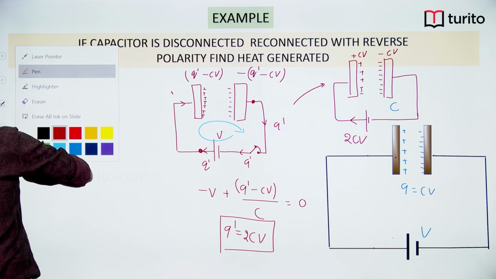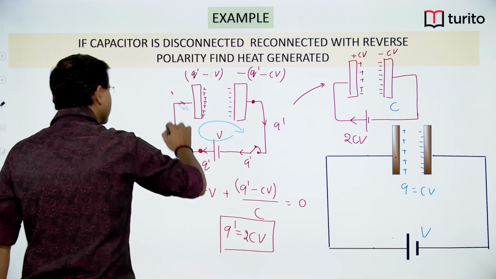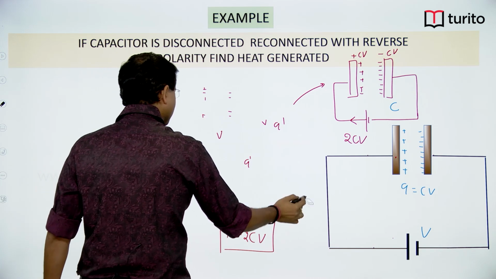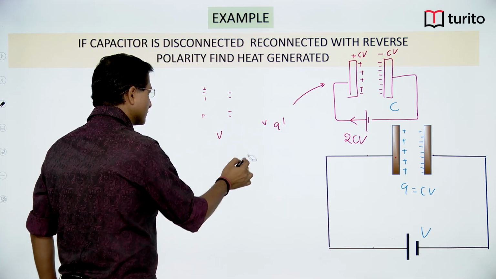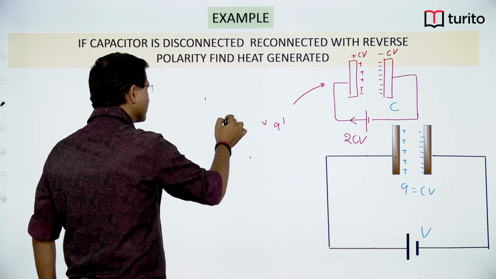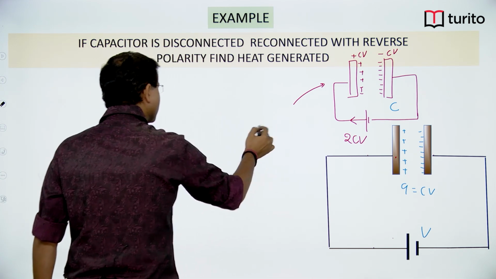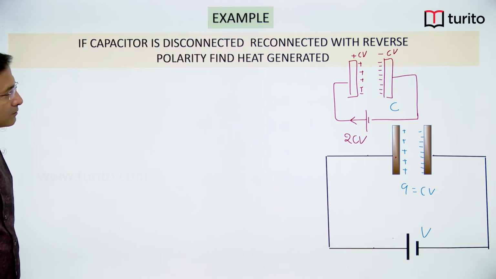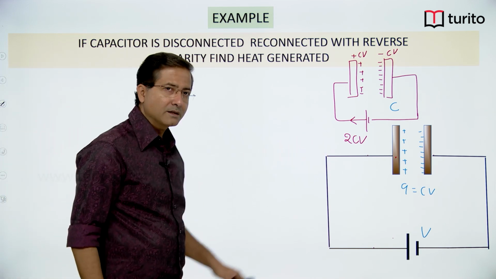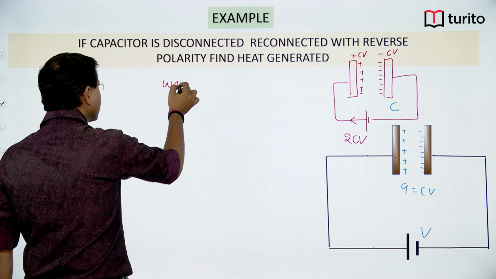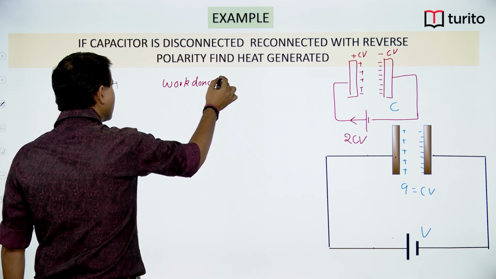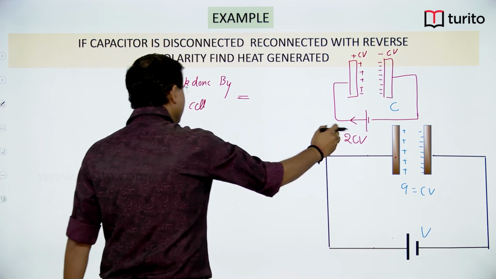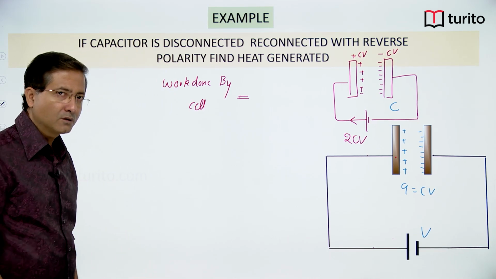Now, if I ask what is the work done by the cell, how much extra charge does the battery give? 2 CV.